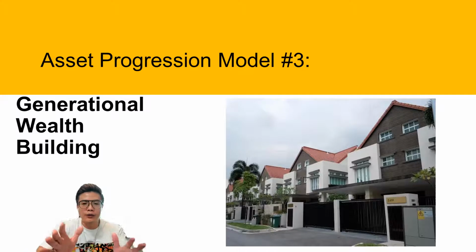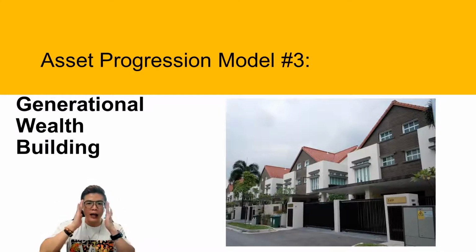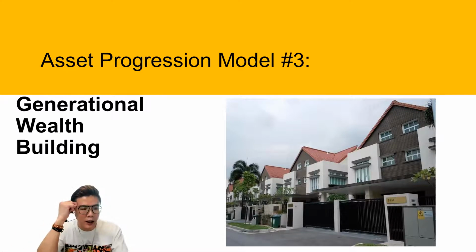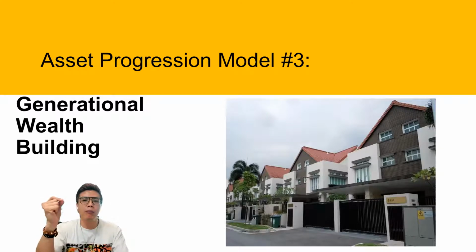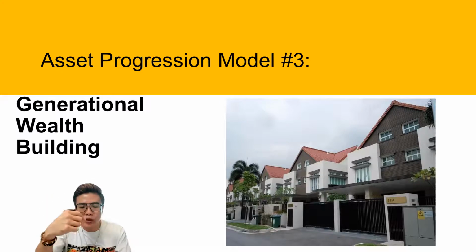I want to share this generational wealth planning because there are clients in their later years who start to think, how can I help my future generation start their property journey early?